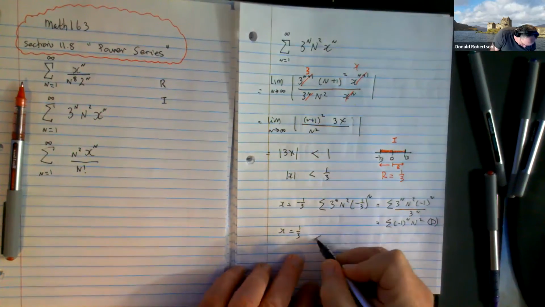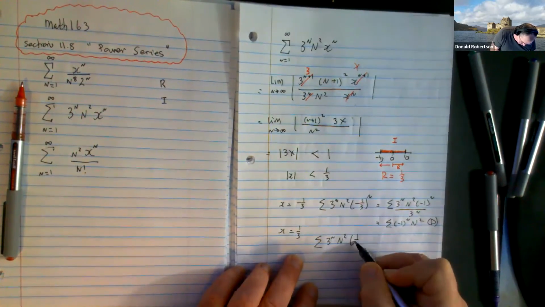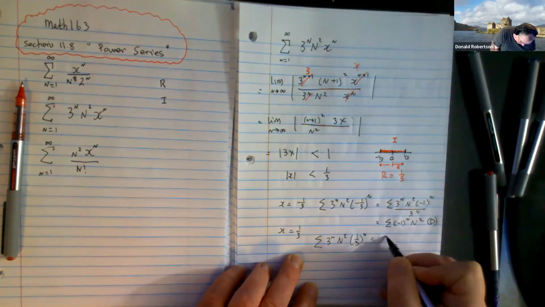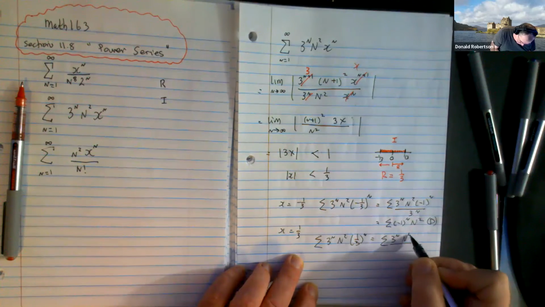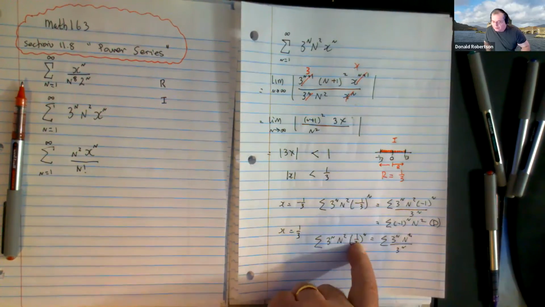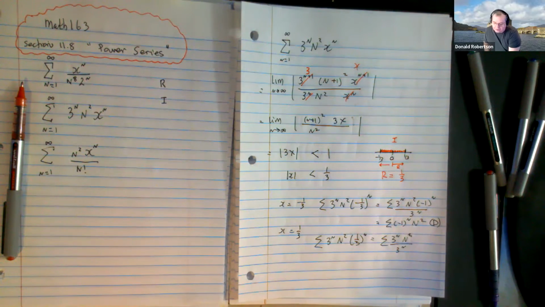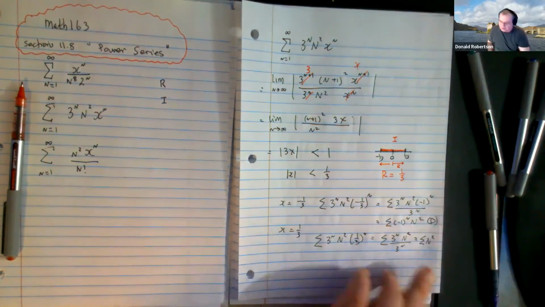Now, if we go the other way, we get 3 to the n squared times 1/3 to the n. That's 3 to the n squared over 3 to the n. Technically, it's 1 to the n over 3 to the n, but 1 to the n is just 1, so I didn't write it. And that cancels out. And would you agree that that is also a diverger?